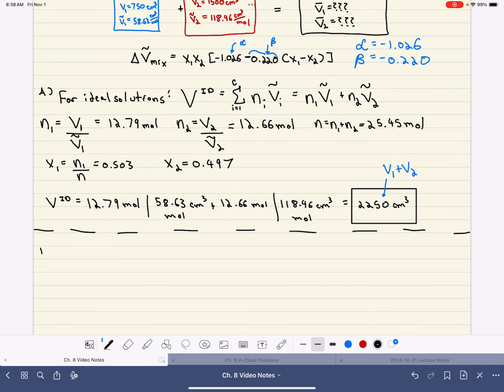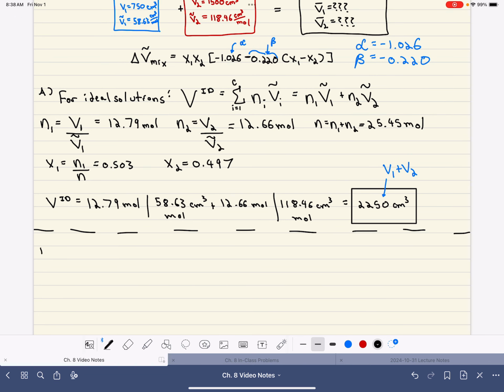This term accounts for the non-ideality of the mixture, so if there are differences in interactions or molecular sizes between the two species. Here, our delta V mix is for the molar volume. And so to turn it into an actual volume contribution, we need to multiply by the total number of moles.